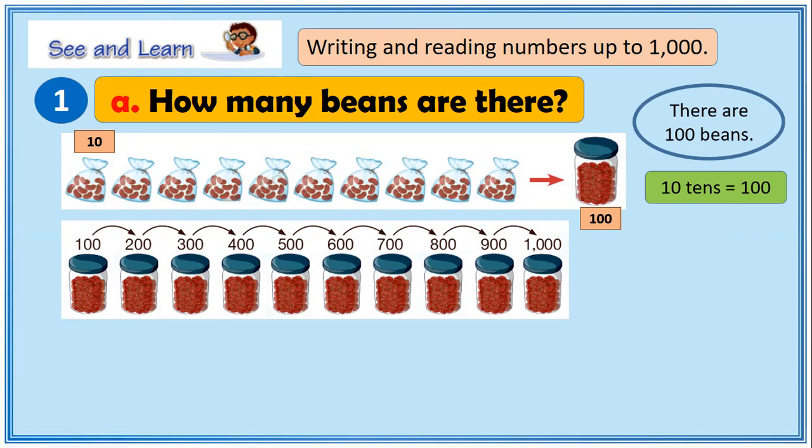Now let us count the number of beans by hundreds. Are you ready? All right. So let us start: 100, 200, 300, 400, 500, 600, 700, 800, 900, 1000.